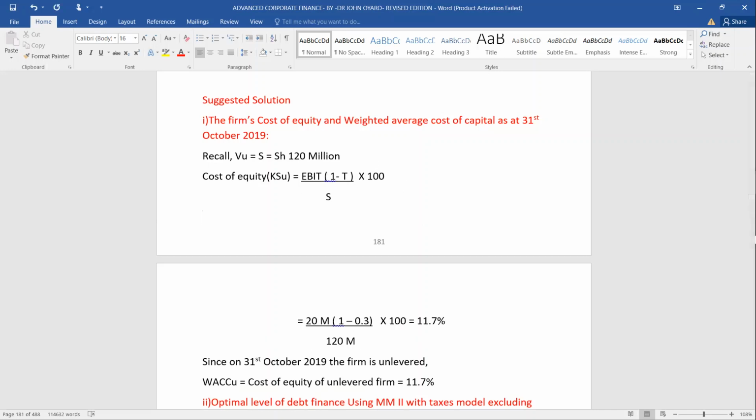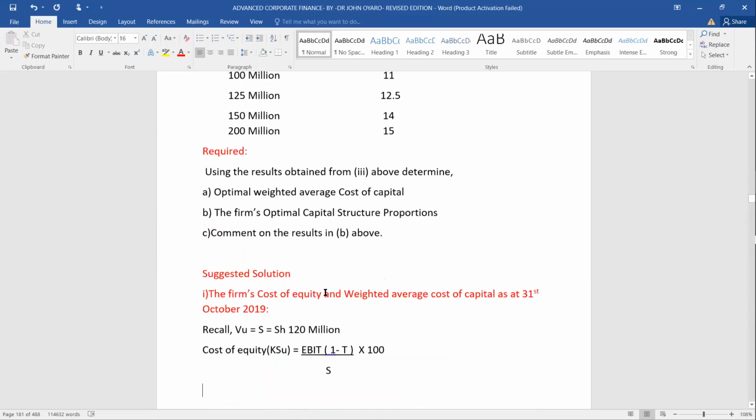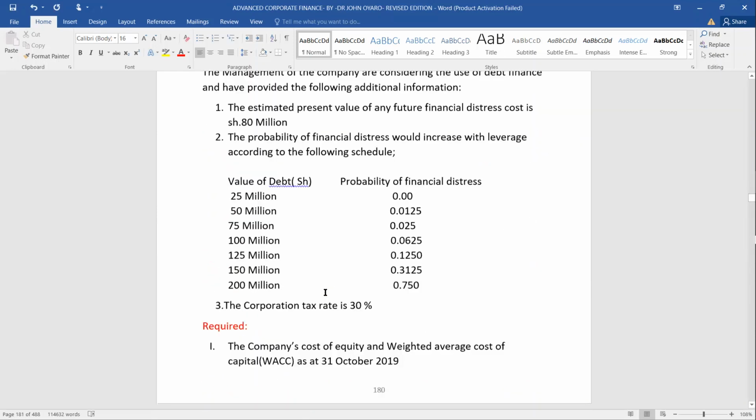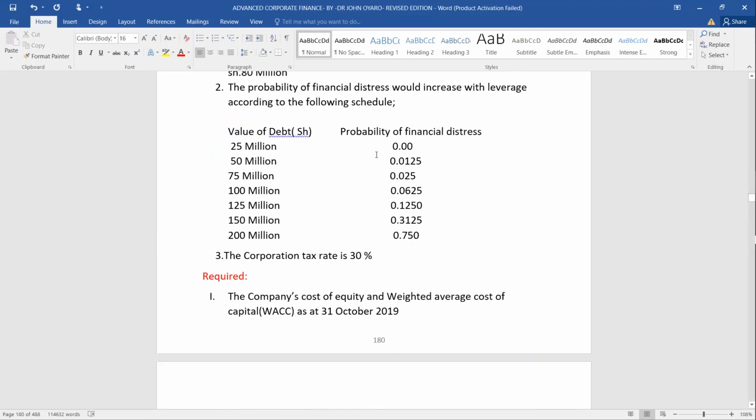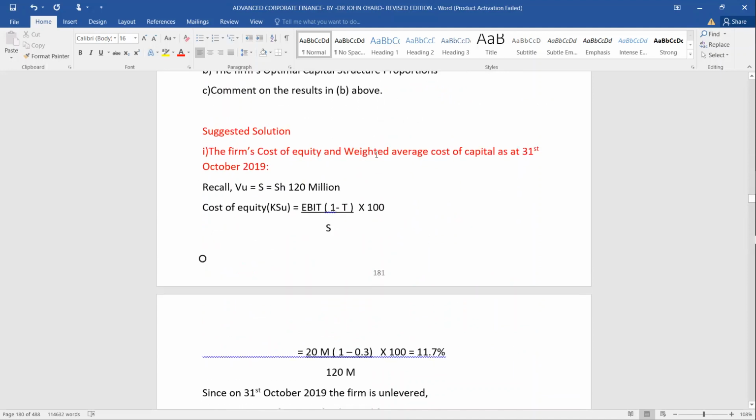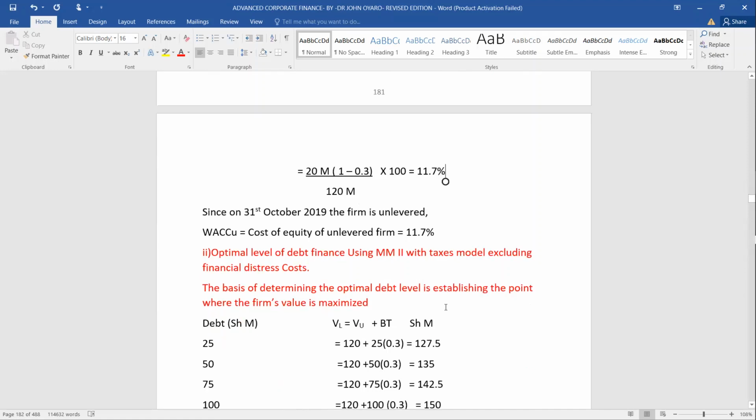If we substitute, the question gave us 20 million operating income. No need to deduct interest because the company is unlevered. Times 1 minus T, divided by the market value of equity, cost of equity is 11.7. Is that correct?